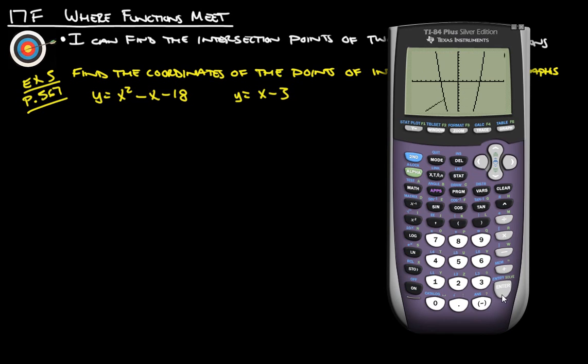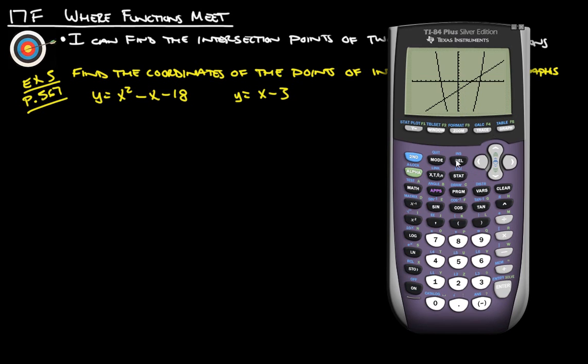It does give us enough of the graph where we can see where the two intersection points are, so let's just leave it. If you really want to see the bottom of the graph, which we don't need, you can feel free to mess with the window. Just make your y minimum a little bit bigger.